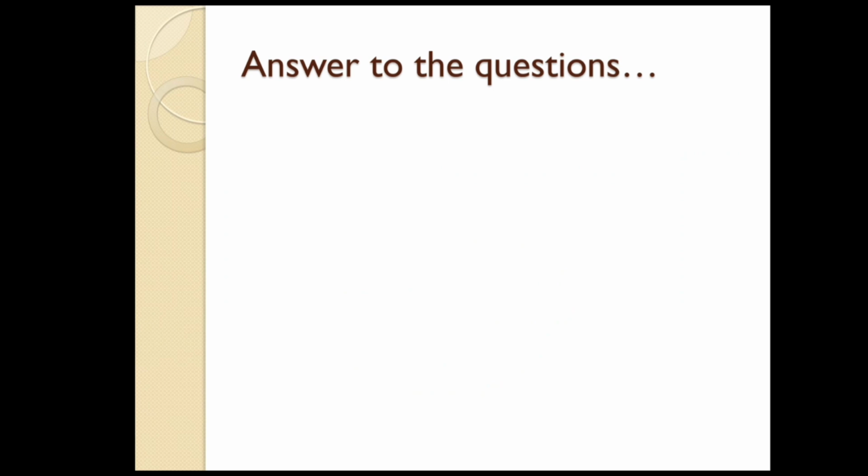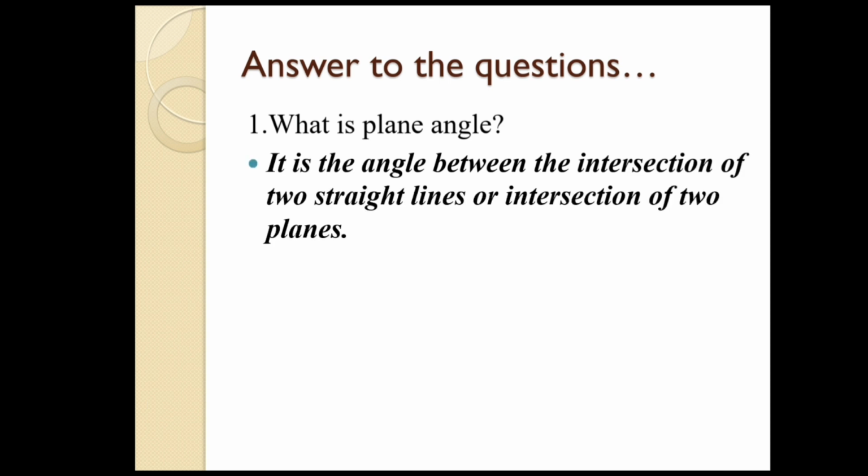Answer the questions. What is plane angle? It is the angle between the intersection of two straight lines or intersection of two planes. What is the SI unit of plane angle?